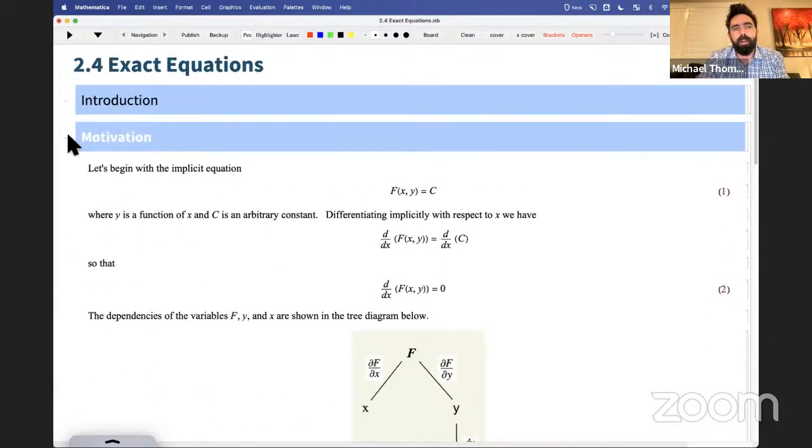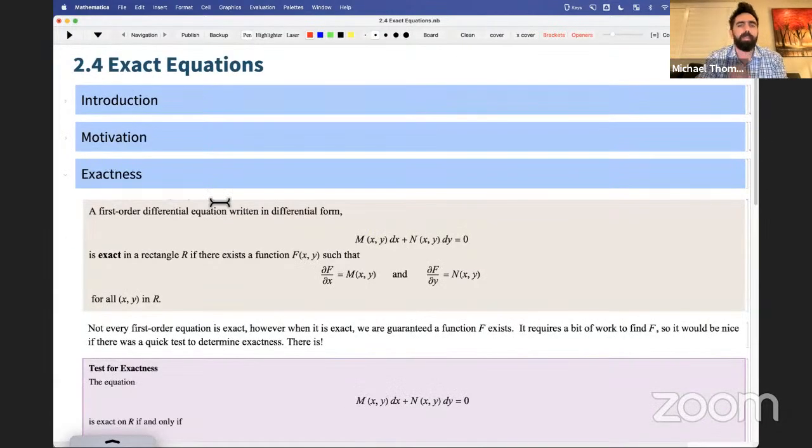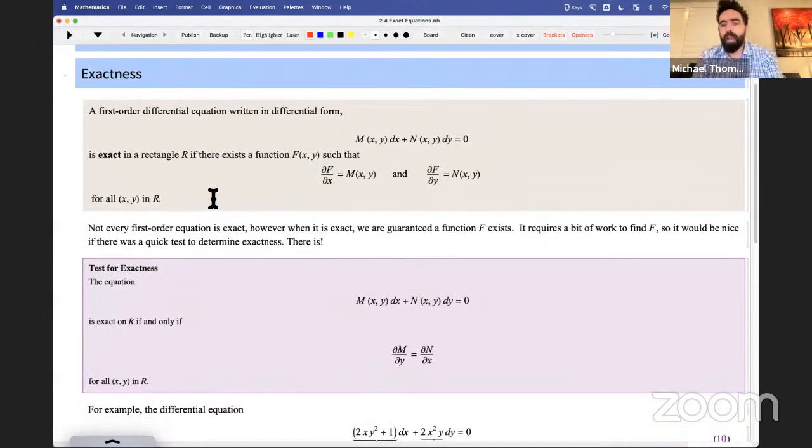So let's talk about exactness. This little process only works if there exists a function f so that the partials of f with respect to x and y match up with M and N, respectively. We're going to give that a name: exactness.